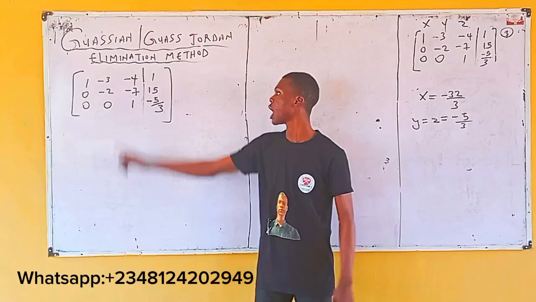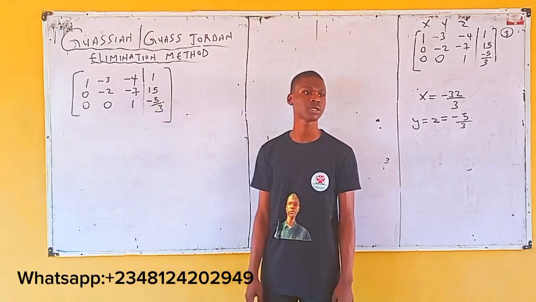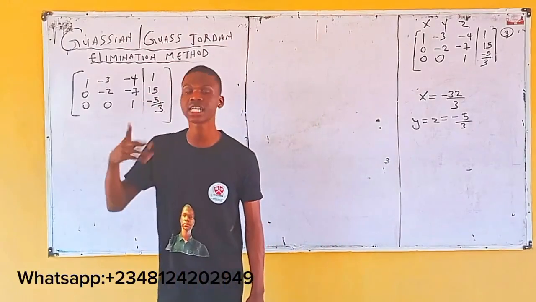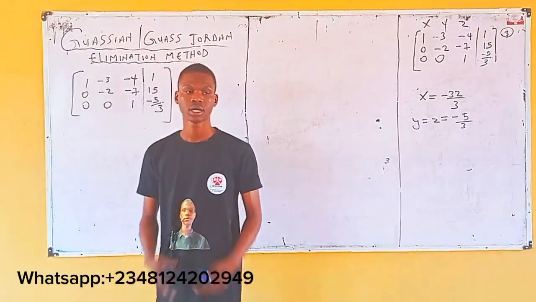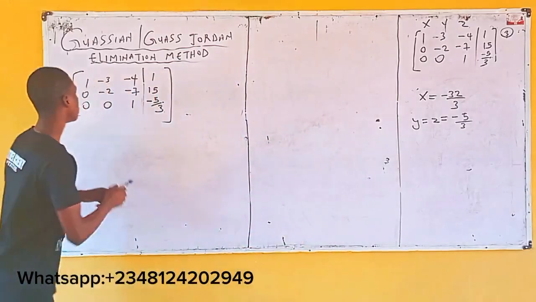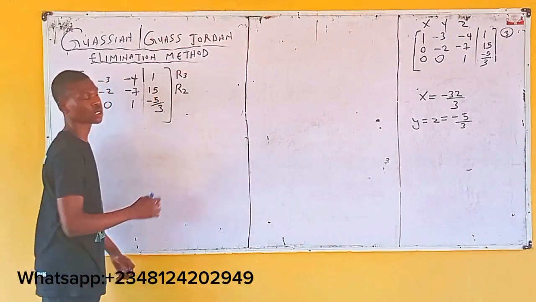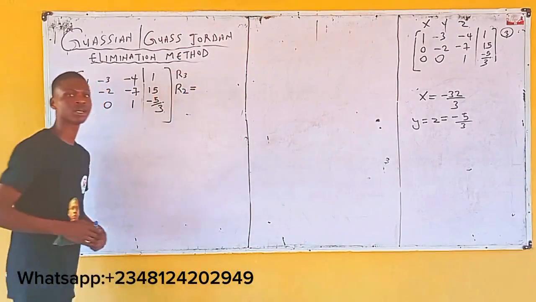Now the question is, how do I manipulate negative 7 to be 0? Are you getting my point? The idea is simple. Meaning row 2 will change and row 3 will change. What's the manipulation?